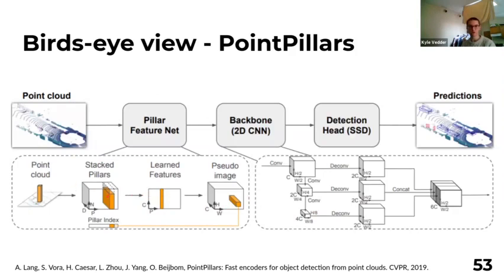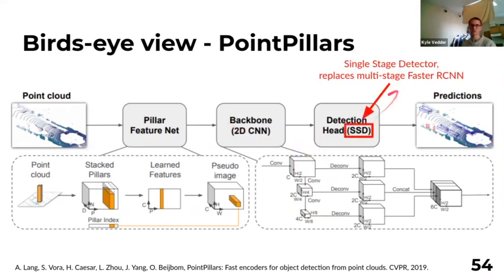It's able to run PointNet by doing sparse 1x1 convolutions on the essentially stacked vertical representation. And then it's able to feed this into a standard 2-dimensional backbone. They show this here. And then they feed it into SSD, which is a single stage detector, right? They chose to use that to replace multi-stage Faster RCNN. So rather than having a region proposal network and then doing refinement, they do it all in one single stage.